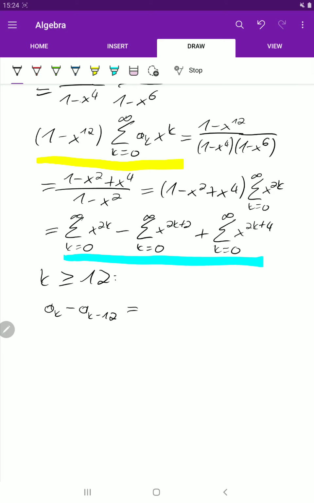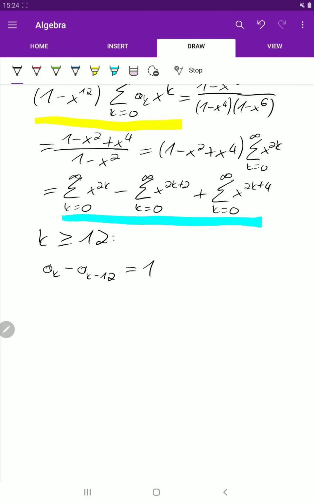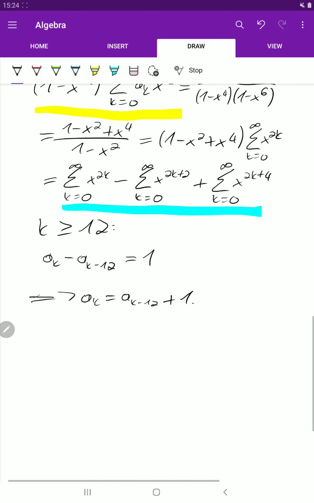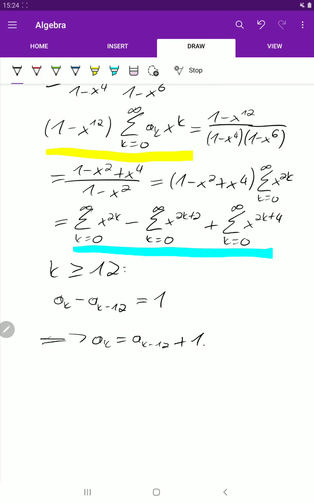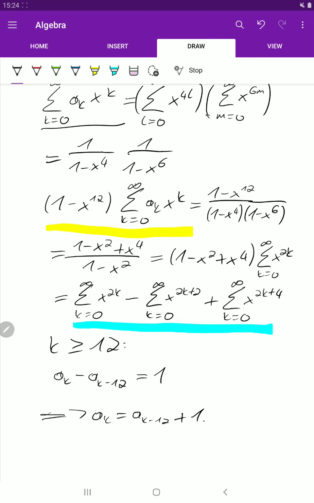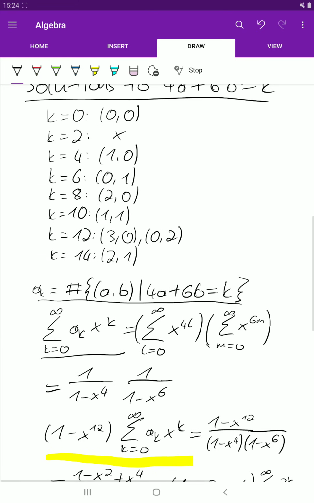But on the right hand side, the coefficient for k at least 12 is just a 1, because it's 1 minus 1 plus 1, so that's a 1, and so we get that a_k is equal to a_(k minus 12) plus 1. And well, now we know what the sequence looks like, because we have calculated the first 12, or even up to 10 is enough.